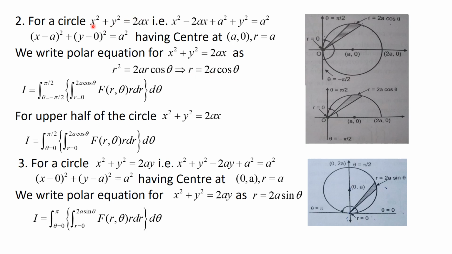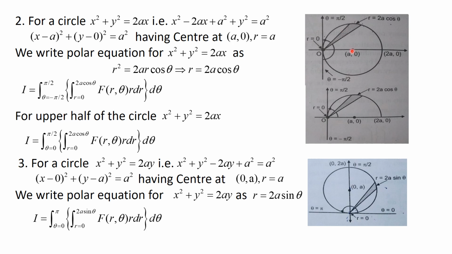So the circle x square plus y square equal to 2ax can be expressed in polar form as r equal to 2a cos theta. This is nothing but our boundary, r equal to 2a cos theta, where we are considering this region which we want to cover for the complete circle, and hence r varies from 0 to 2a cos theta.